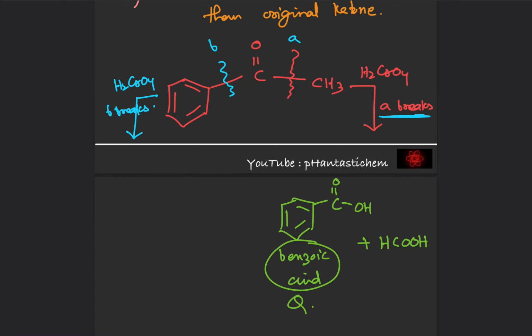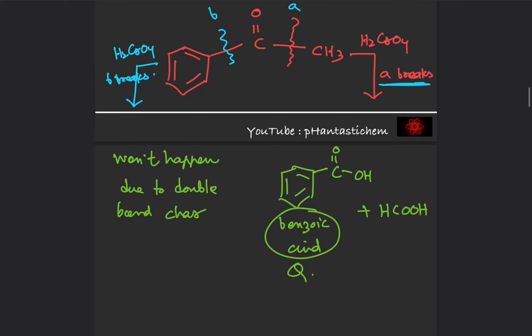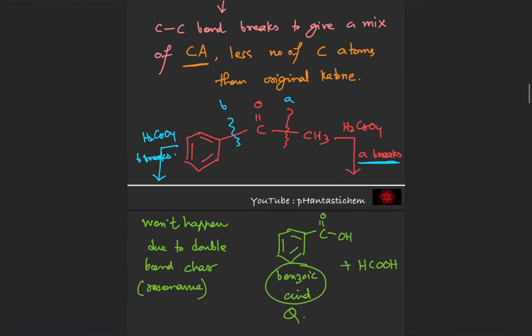So therefore this does not happen at all, due to double bond character due to resonance. So now you can see we started with a ketone having 8 carbon atoms, and we are getting the product carboxylic acids. This guy has 7 carbon atoms and this guy has 1 carbon atom. So that's why this statement that C-C bond breaks to give a mixture of carboxylic acids, and they will have less number of carbon atoms than the original ketone.